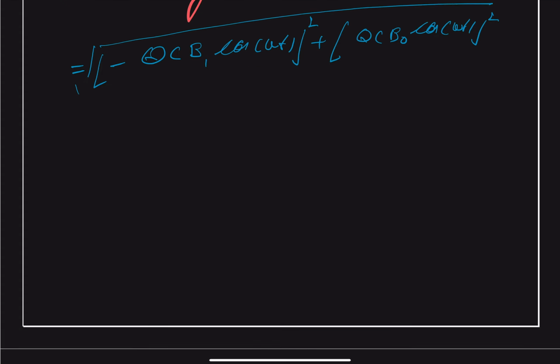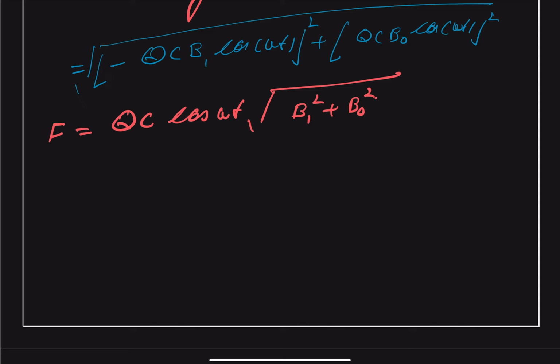So we can write that our F will be equal to q c cos of omega t, this comes as common, and inside we are left with B1 square plus B naught square, all under the square root.